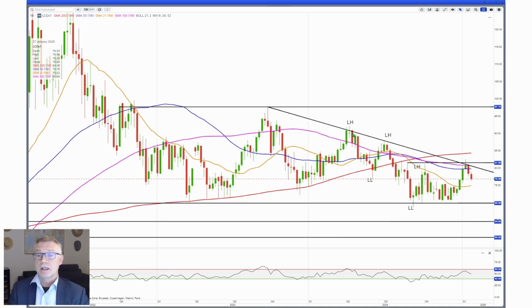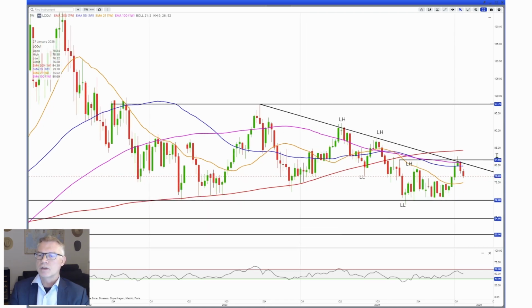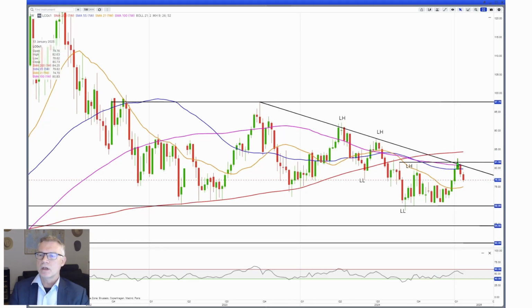So this is a downtrend, and this is what a downtrend is. But it didn't continue. It actually tried to turn around and establish a bullish trend. However, it has so far failed. It spiked just above 81.59, but it didn't close above. And I want a weekly closing price above to establish a bullish trend.